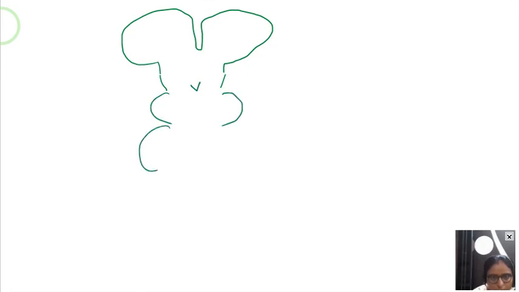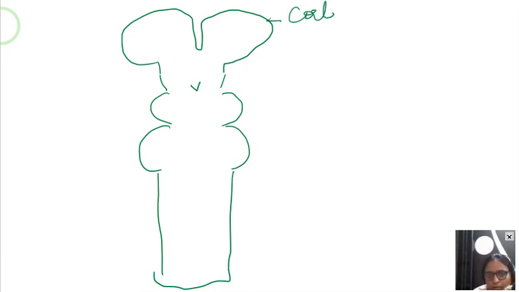First of all, I'll draw one diagram. Your midbrain, your pons, and your medulla, and this is your spinal cord. From here, this is your cortex or your cerebrum.